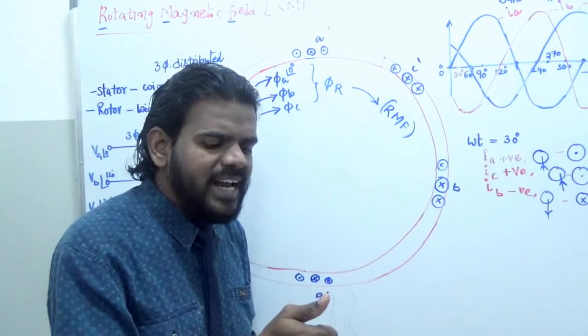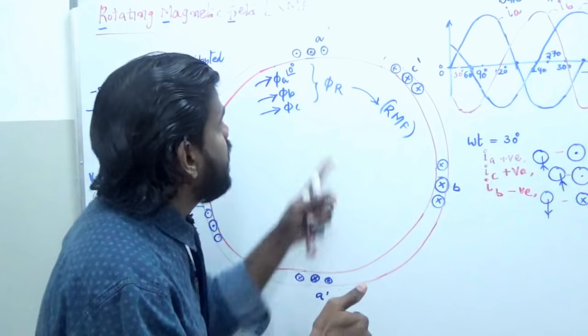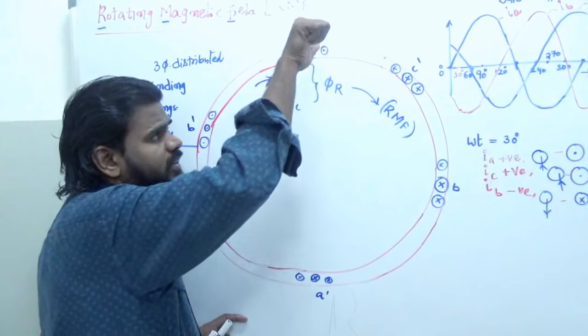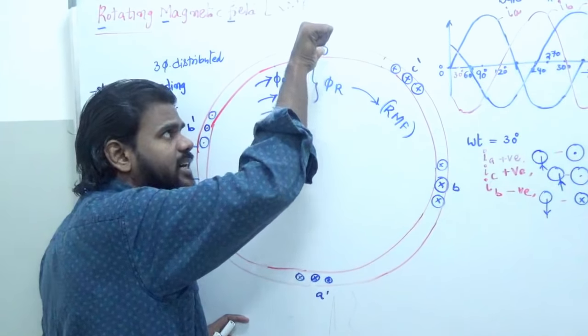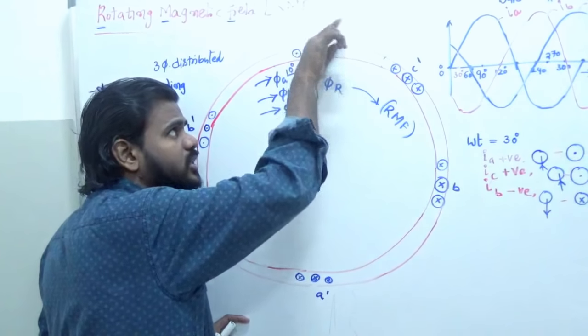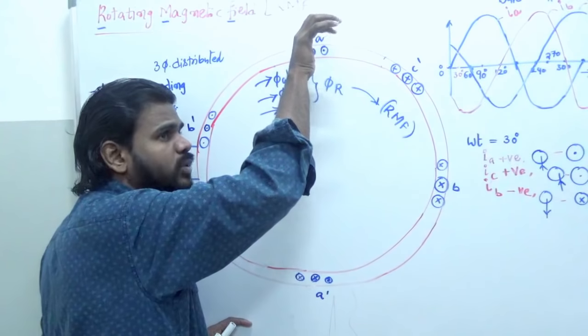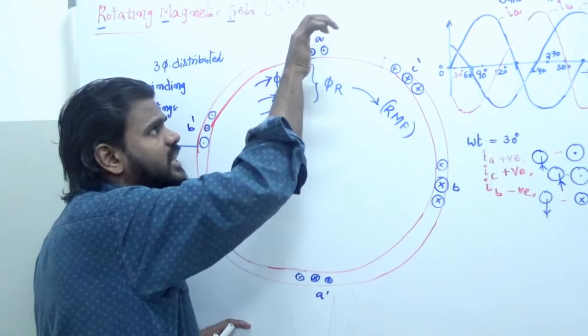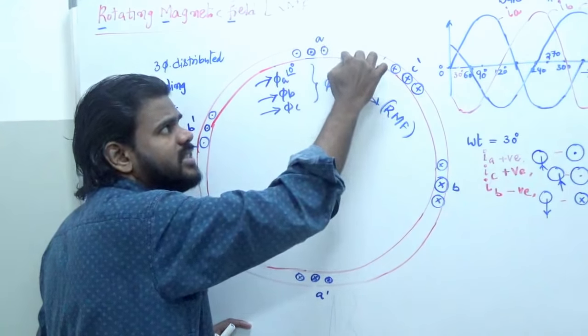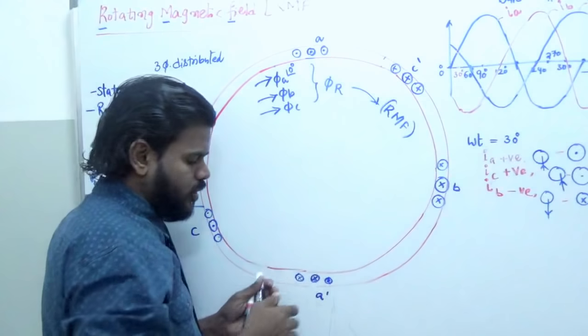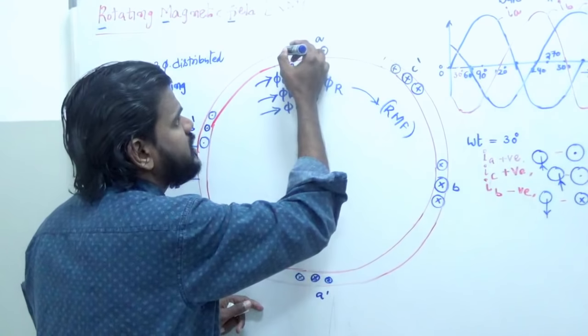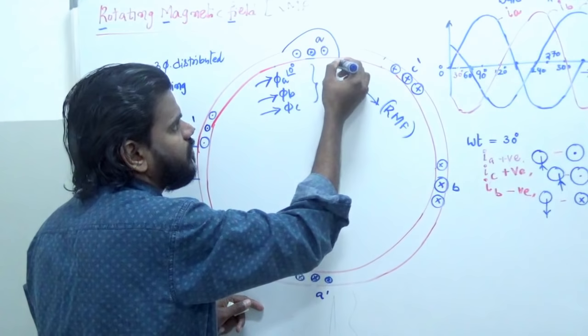For this one, the current is going in. If the current is going in, the flux direction will be in the direction of the curled fingers, which means the flux will be this side. Hope you got me. The flux is this way.